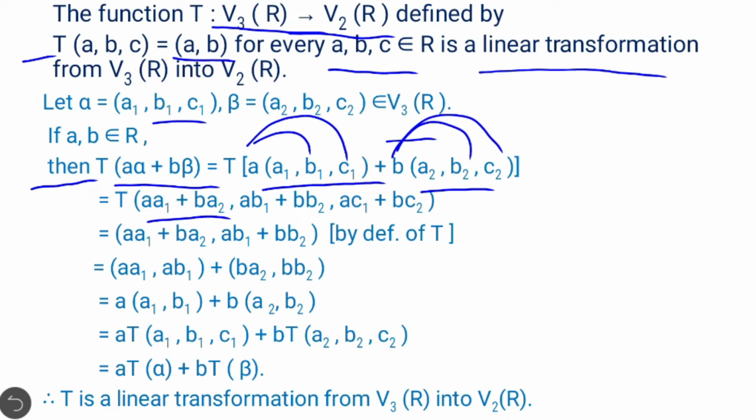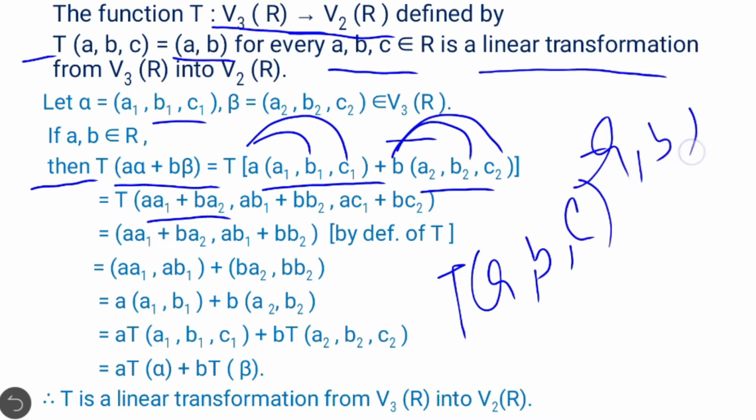Again we are given T(a, b, c) equals (a, b). The transformation is given in this form. We have it written as (a a1 + b a2, a b1 + b b2).